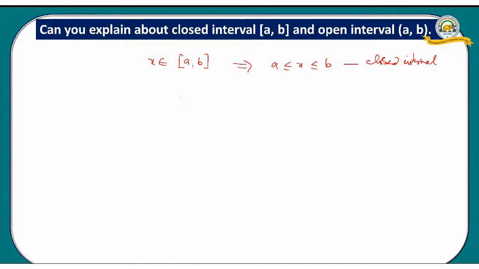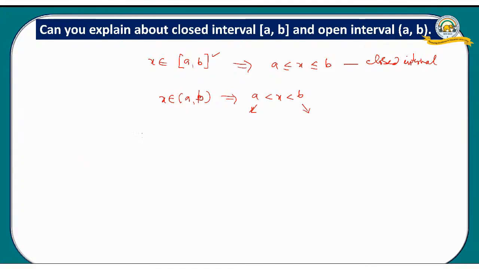Then the open interval. The open interval is represented by parentheses. A closed interval is represented by a square bracket. So now X belongs to an open interval AB implies that A less than X less than B. All values of X in between A and B, excluding the extreme values, that is called open interval.